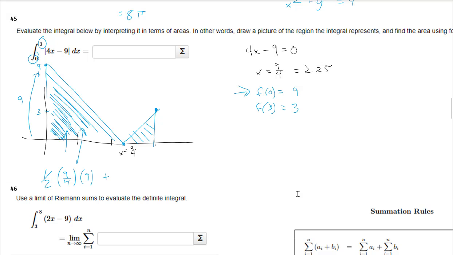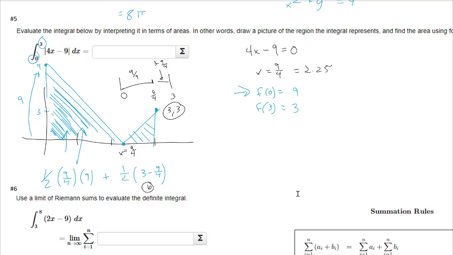And then the second area is 1/2, and now the base in this case is 3 minus 9/4, right? And that's because we have from 0 to 3, and we stop here at 9/4. This 9/4 is the first length. Well, what's this length right here? Well, that length is 3 minus 9/4. So that's the base. And now the height, we said that was a 3. This is at the point 3, 3.